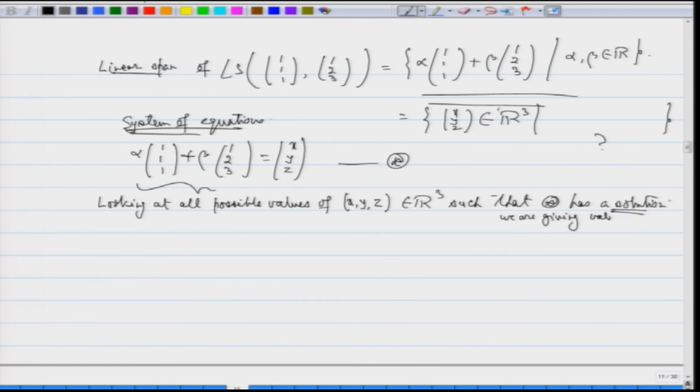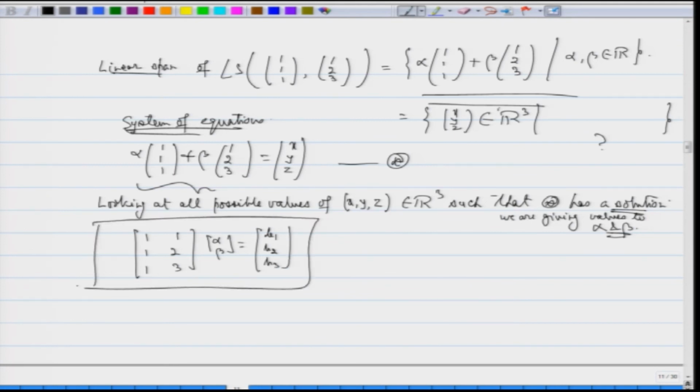giving values to alpha and beta, or we are saying that look at the system with matrix rows (1,1), (1,2), (1,3), where alpha and beta are unknowns, and I have a vector here, say (b1,b2,b3). Fine. So I am looking at this, and what I want is, look at the system Ax equals b has a solution for every b.